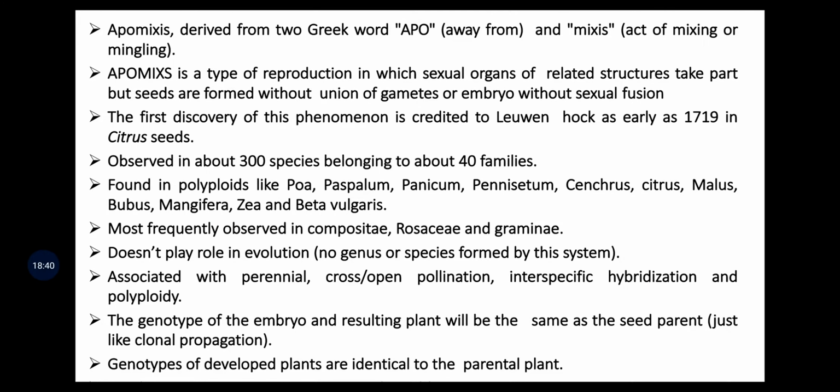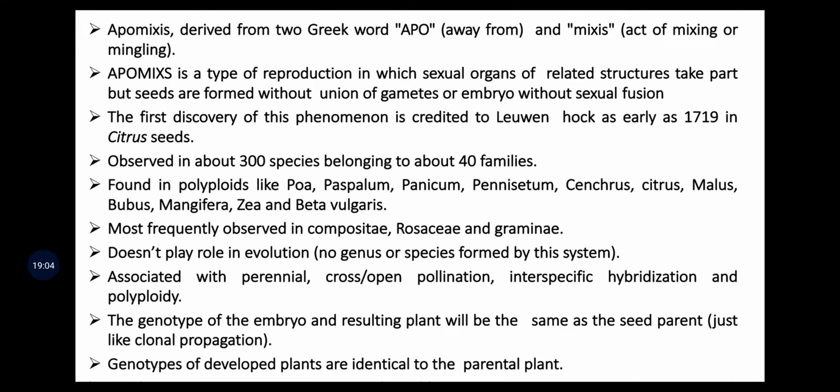Coming to some of the basic information about apomixis. Apomixis is a Greek word taken from a fusion of two words: apo means away from and mixis means act of mixing or mingling. The first discovery of the phenomenon goes to Leeuwenhoek in early 1790.